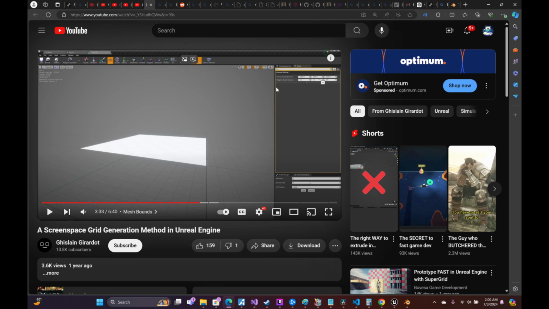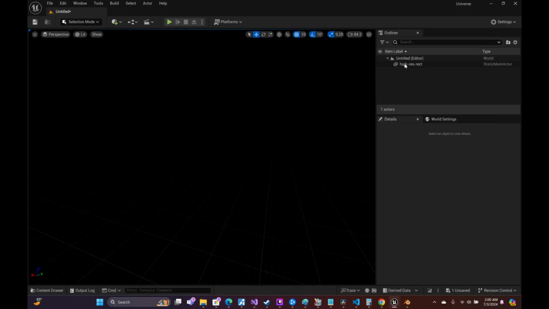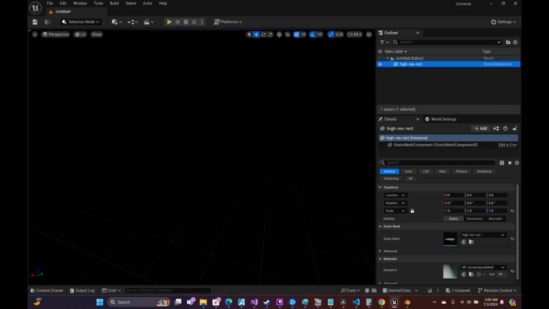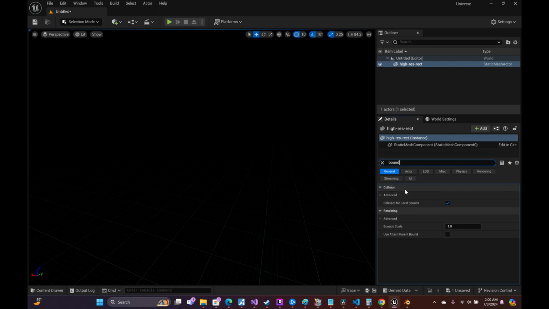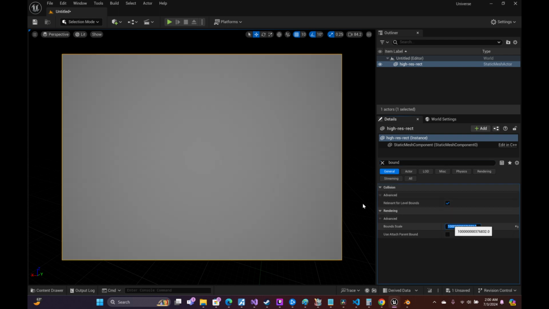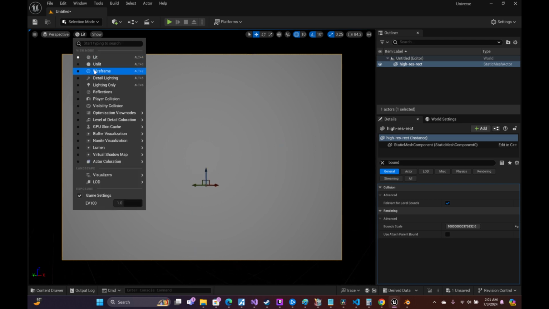Positive bounds extension. Bounds. That's pretty cool.